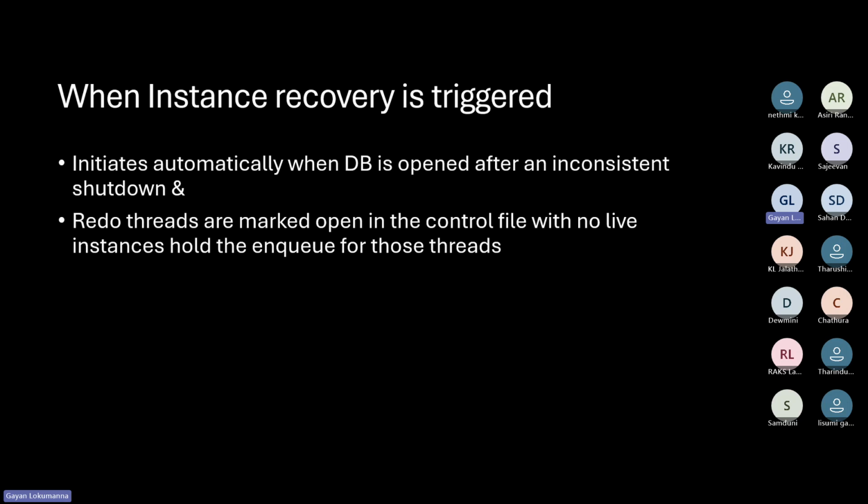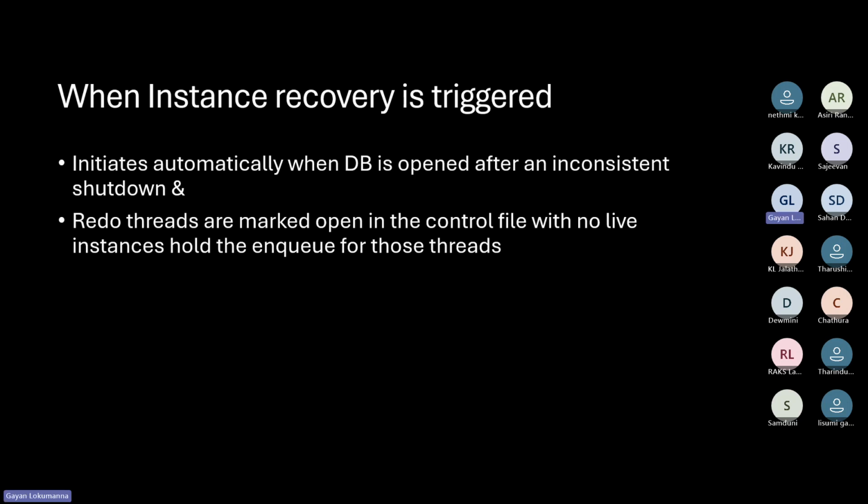So whenever you do a read write open for your database, it opens the redo threads. The redo threads will be marked as open, and that will be updated in the control file.